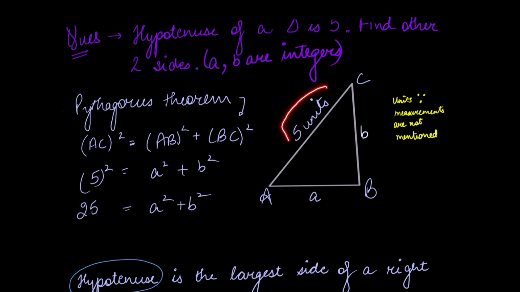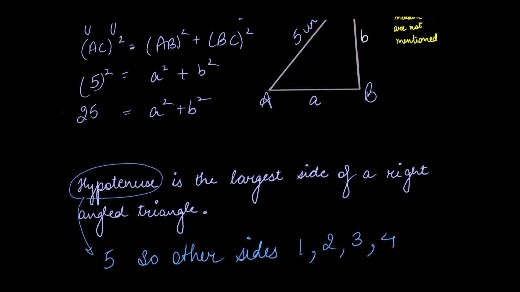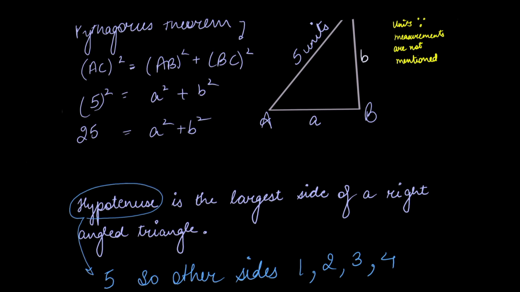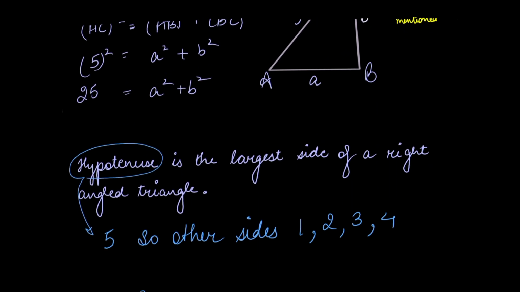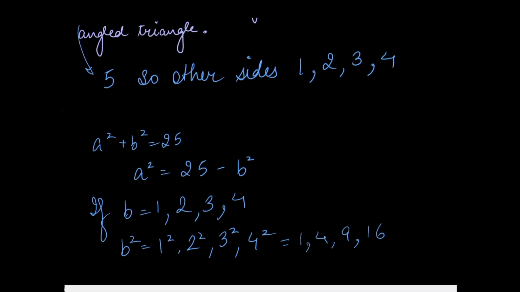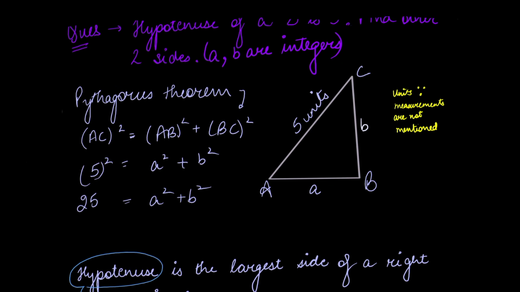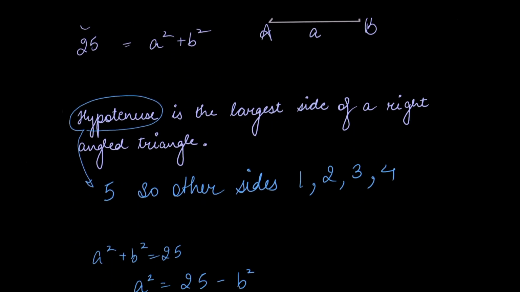As we all know, the hypotenuse is the largest side of a right angle triangle. So the other two sides will be shorter than the 5 units. So the other two sides can be 1, 2, 3 and 4. We are taking these 4 numbers only because we know that the other two sides are integers.